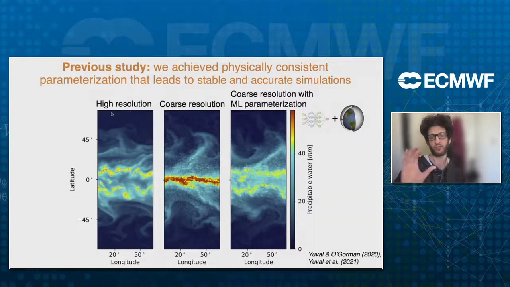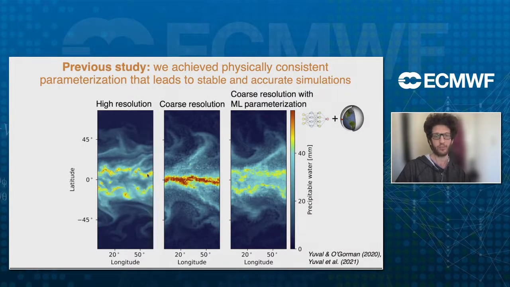Here I'm just showing a snapshot. The left one is a latitude-longitude map. The colors show precipitable water, so just the amount of water in each atmospheric column. And these are snapshots from high resolution and coarse resolution simulations in the middle. So you can see that there are large differences in the large-scale organization of the atmosphere. Here we have a single red peak, a single rain band, ITCZ.